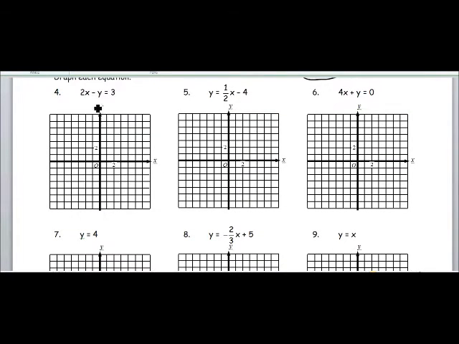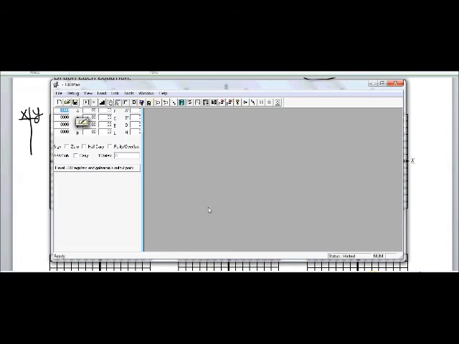Alright. Number 4, we need to get y by itself. So take a moment and get y by itself. And you should come up with something like that. Now, what I want you to do is put that into a table in your calculator.